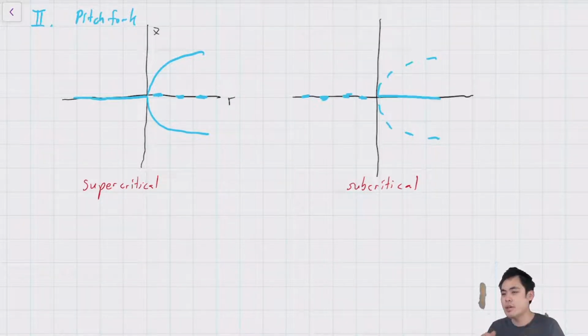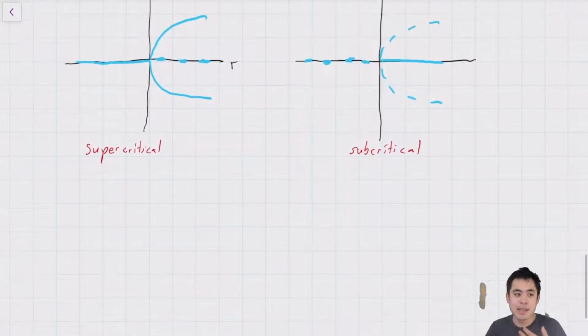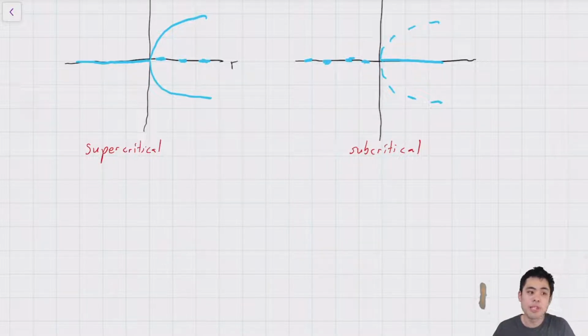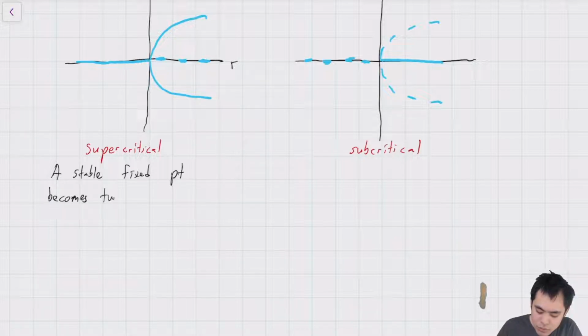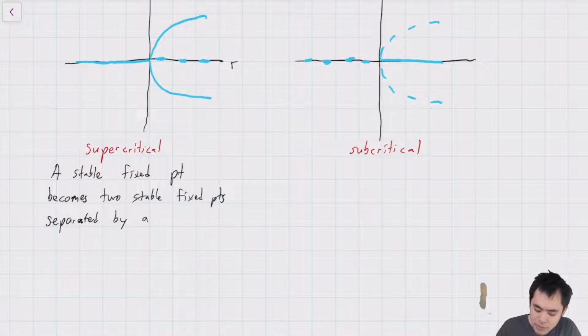For now, you can just think of it mathematically as a stable equilibrium becomes two stable equilibria separated by an unstable equilibrium. So a stable fixed point becomes two stable fixed points separated by an unstable point.